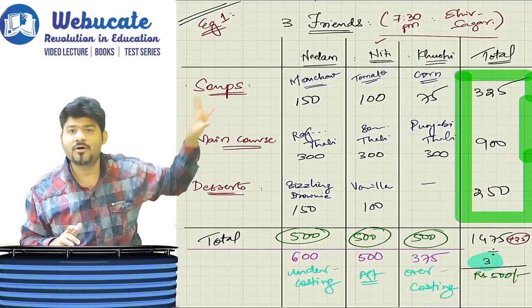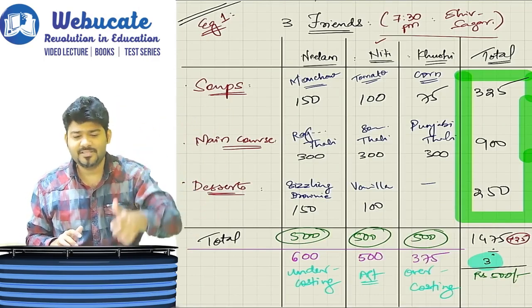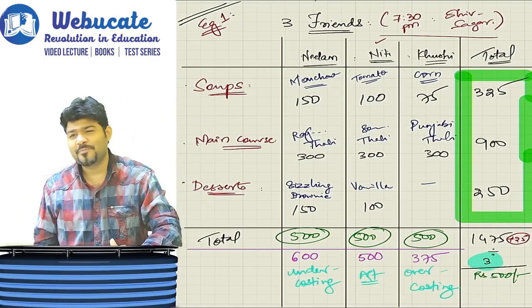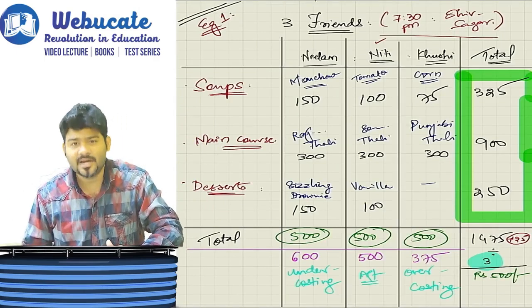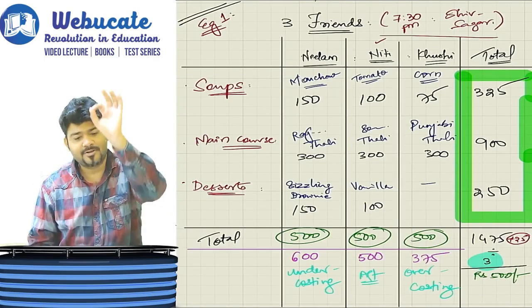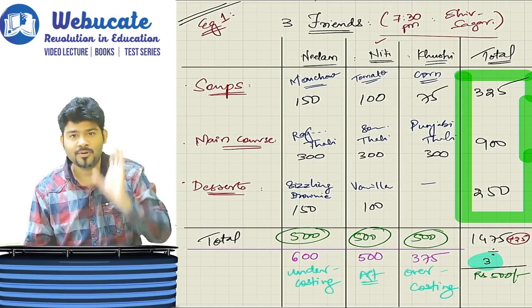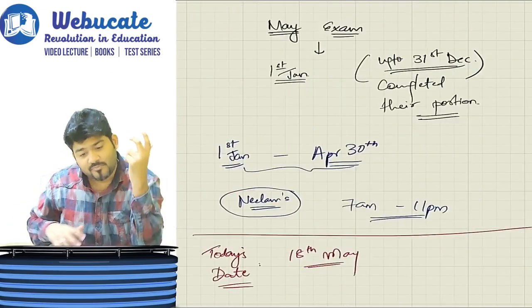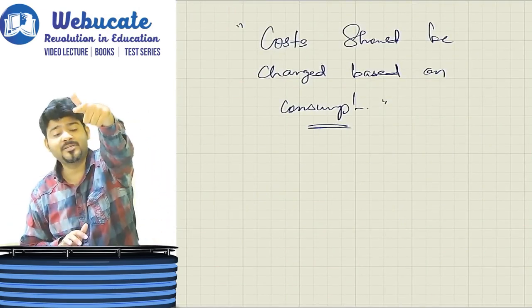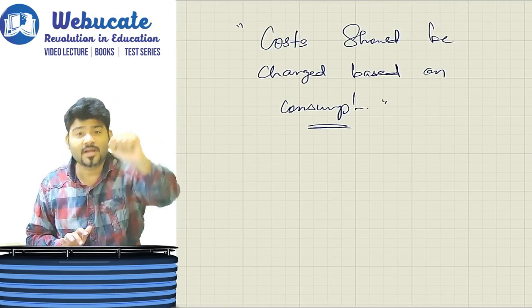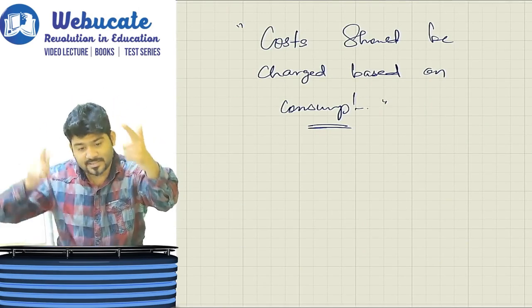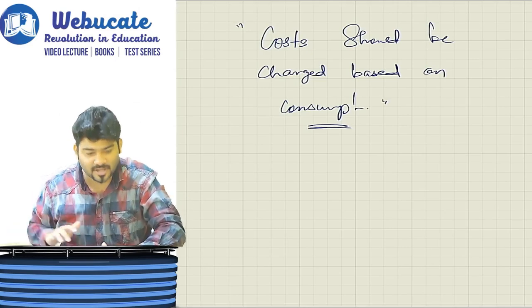Did you have to learn this? No. Even if in your sleep I ask, do you remember that restaurant example, you'll give me the answer. All my examples are going to be in that direction only. And from that, what did you learn? That, sir, cost should be charged based on consumption. This is how you will come up with the concepts as well. This is how the workings are going to be.